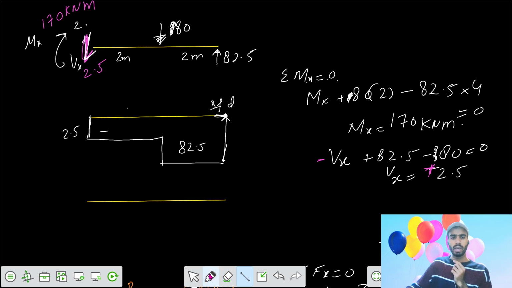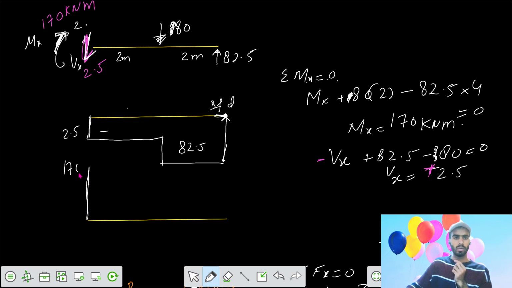For the bending moment diagram, here the moment that was developed at that joint was 170 clockwise, so your 170 clockwise is there. This is your 170 clockwise positive. Then after that we had the area under the curve up to the point at 2 meter.